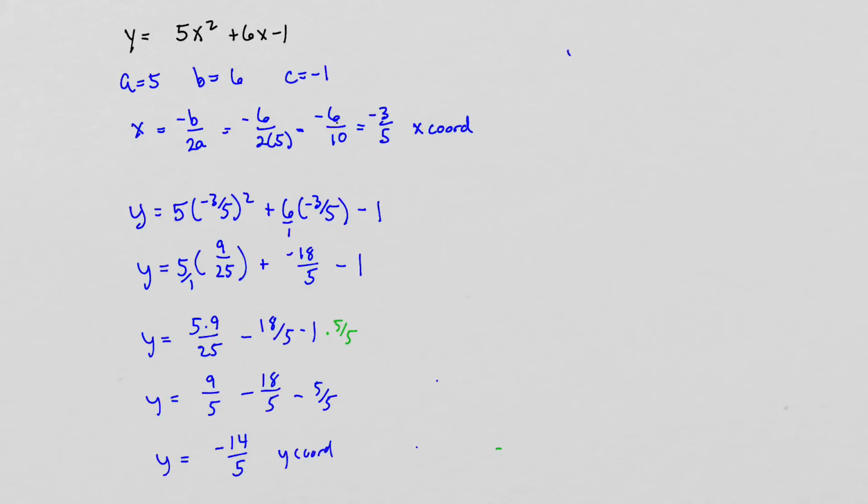So you have the x-coordinate, you have the y-coordinate. We're filling in y equals a times (x minus h) squared plus k. The x-coordinate is the h, the y-coordinate is the k, and a is 5 from the original problem. So now I have minus negative 3/5, like that, and then negative 14/5. So this time my x-coordinate and my y-coordinate are both negative, so let's fix that up there.